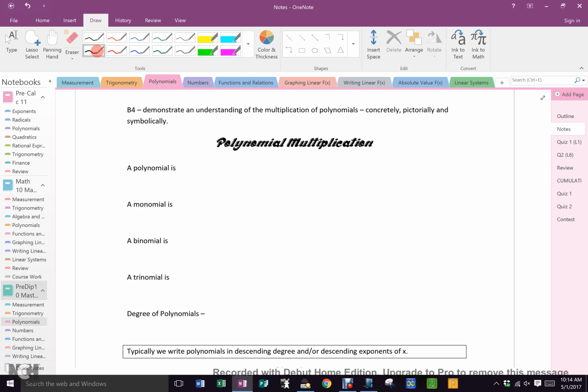A polynomial is a math expression, which is a combination which includes coefficients, variables, and constants.